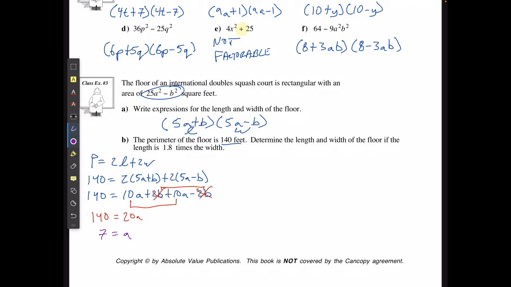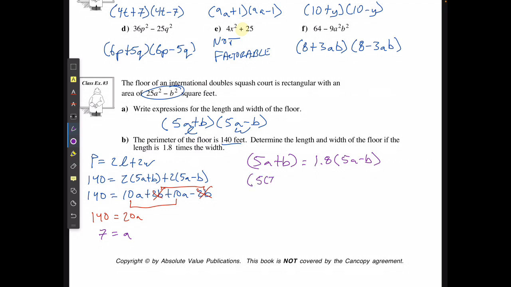The second part was to determine the length and the width if the length is 1.8 times the width. Well, if the length, which we already said up top here, is 5a plus b, is the same as 1.8 times the width, which was 5a minus b. The other nice thing is we know what a is now.